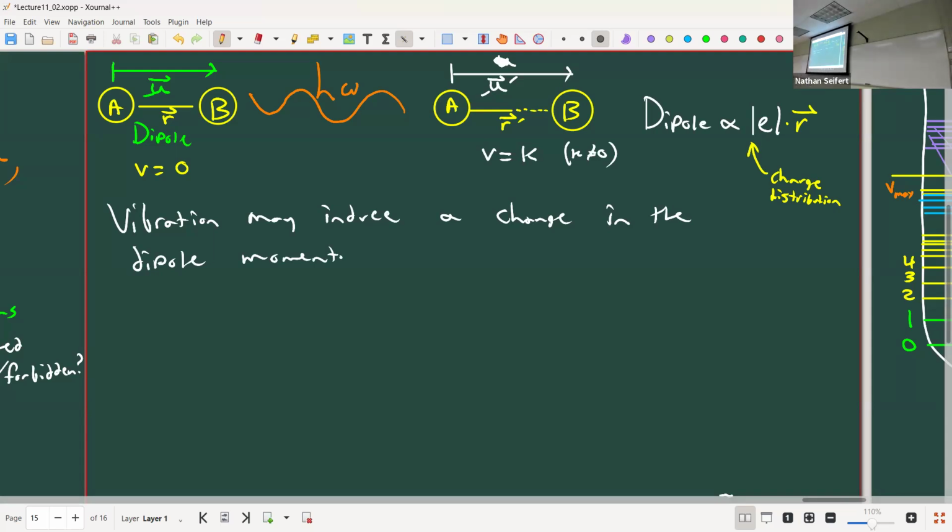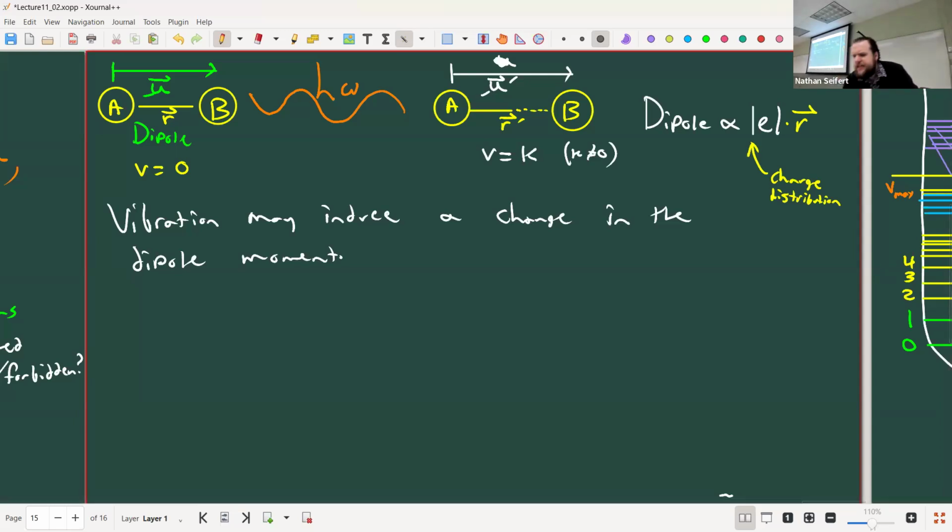Now, in the case of a diatomic molecule, there's only one way to stretch it. Just make it longer, make it shorter. Either you're going to make the dipole bigger because you're stretching it, or there's no dipole at all, A and B are the same, and it doesn't change. So we don't really have to worry about it getting smaller, though that can certainly happen with more complicated molecules.